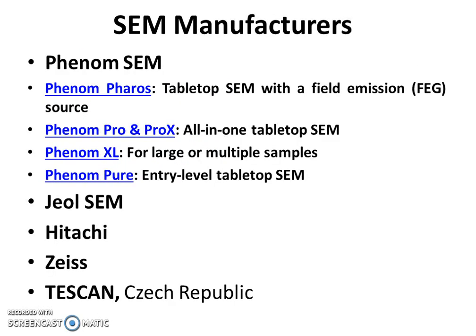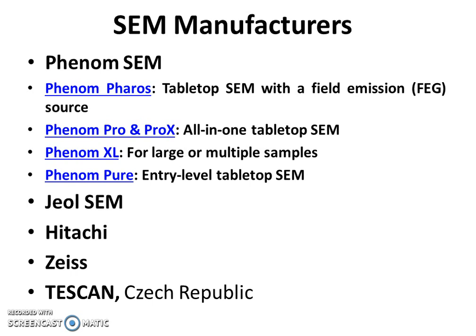These are some major manufacturers of scanning electron microscopes. Phenom is one big name. Now Phenom is under the umbrella of Thermo Fisher, and Phenom is manufacturing different types of SEM with different names. Phenom Ferros is a tabletop SEM with the concept of an FEG field emission source.